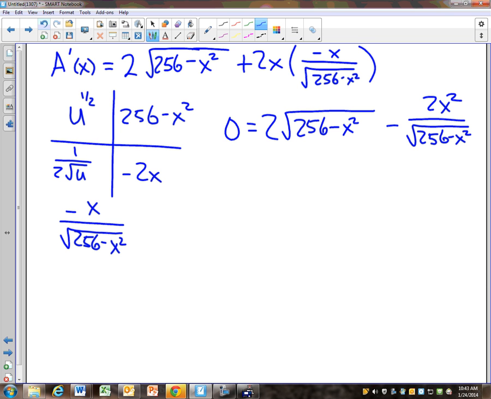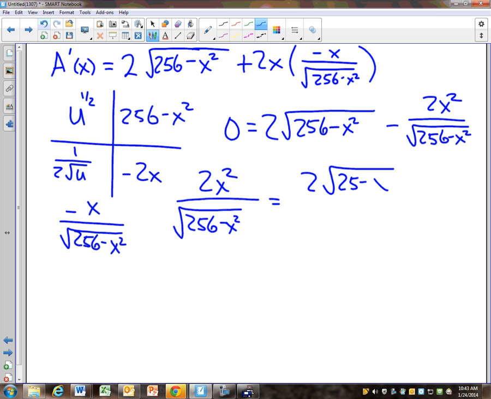I think you have a couple options. You can find common denominators, create one, and then set the numerator equal to 0, or you could simply move this portion to the left-hand side and cross multiply. That's what I'm going to choose to do. 2x squared over the root of 256 minus x squared is equal to 2 roots of 256 minus x squared all over 1.